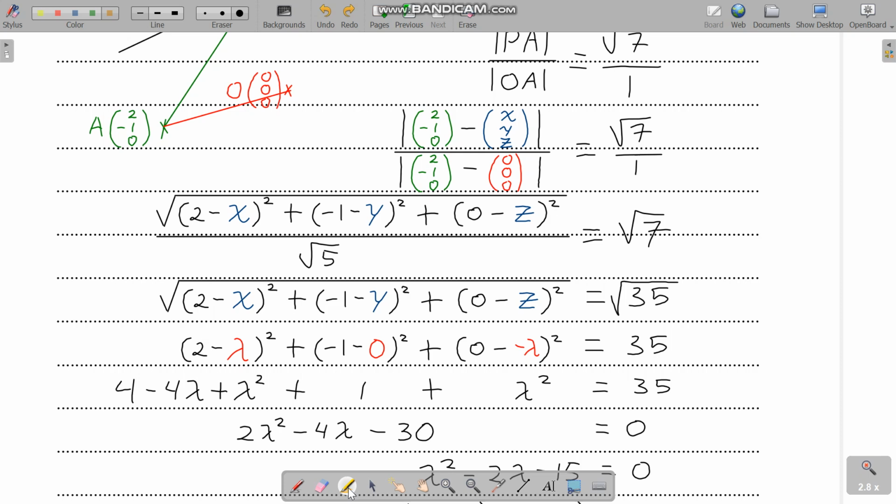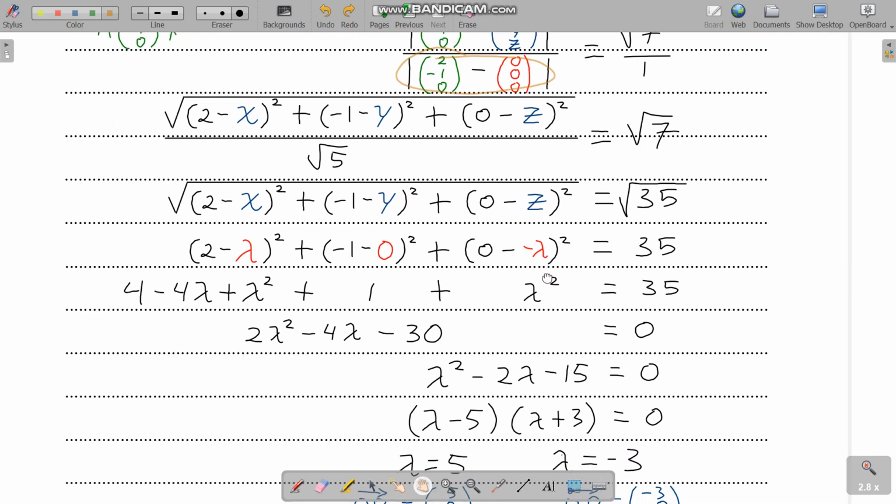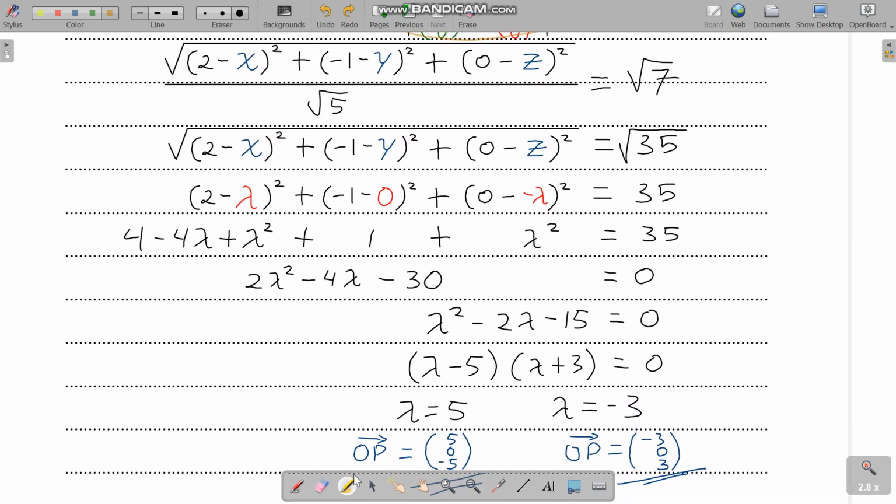The magnitude of this, we've done before, it's just root 5, and we multiply both sides by root 5, we get root 35 on the right. Now we replace the x, y and z with lambda. Now we have only one unknown. We can square both sides, and then open up the brackets.